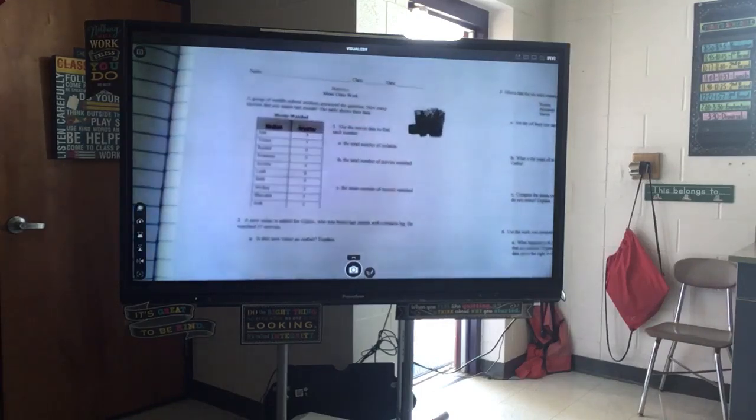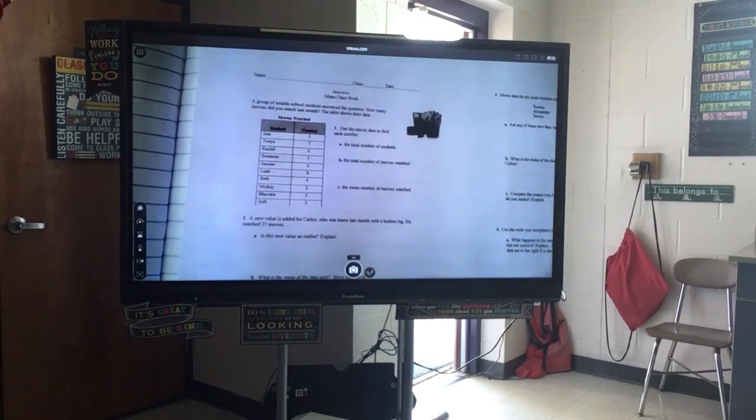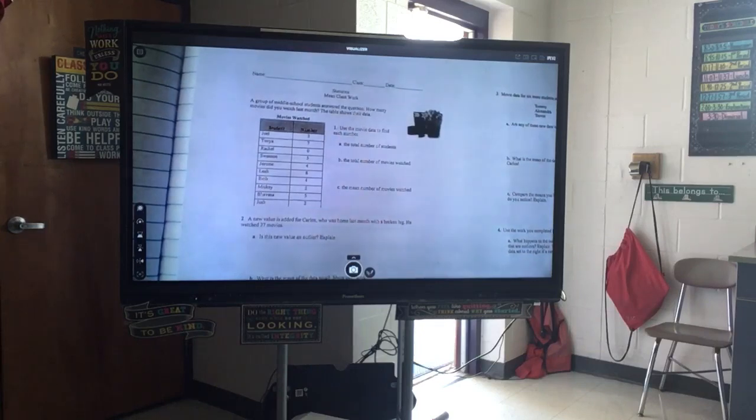It says, a group of middle school students answered the question, how many movies did you watch last month? The table shows their data.